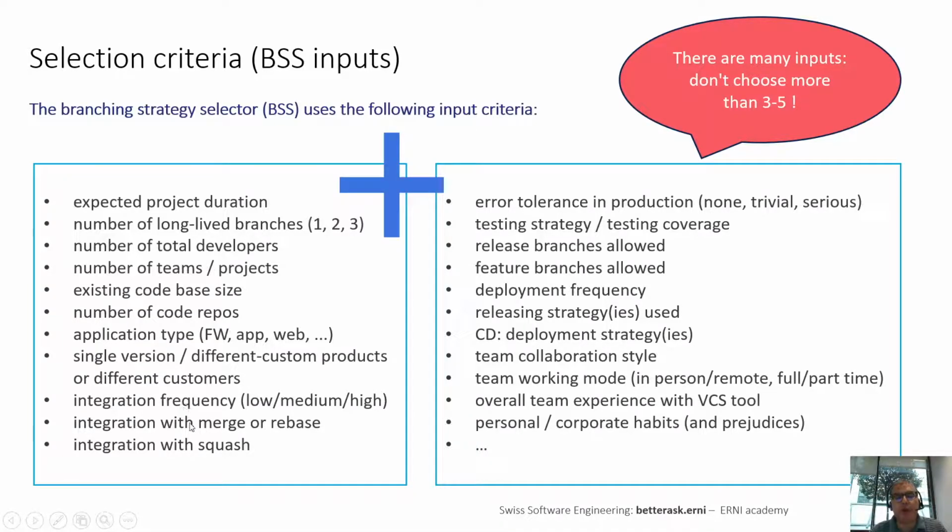Do you integrate with merge or with rebase? Do you do squashing? Do you have error tolerance in production? I mean, does the code that has to be deployed have to work, or can you have some tolerance? It depends. What will be your testing strategy or coverage? Do you want release branches? Do you want feature branches?